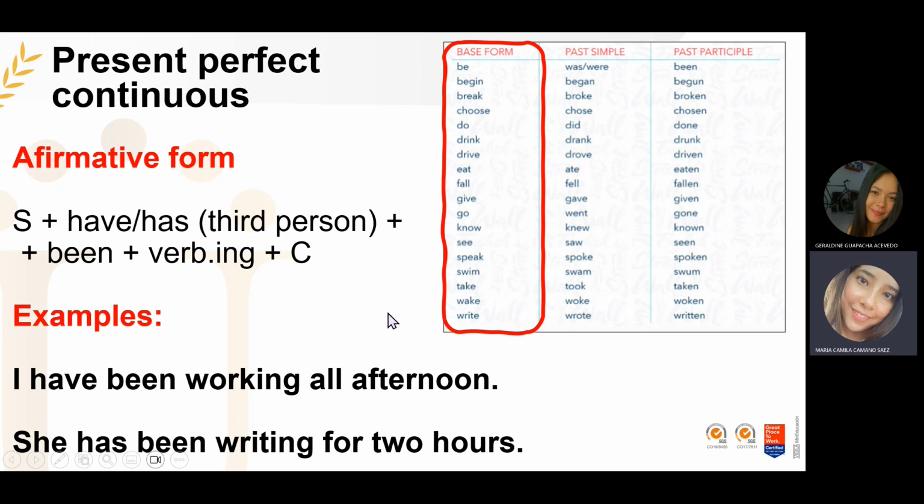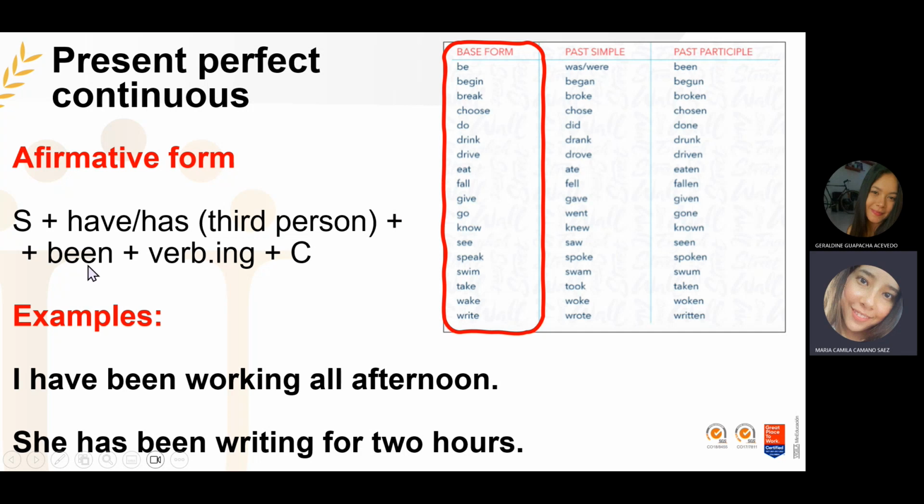We use have with I, you, we, and they. But we use has with the third person. The third person in English is he, it, and she. You know that because it is simple.